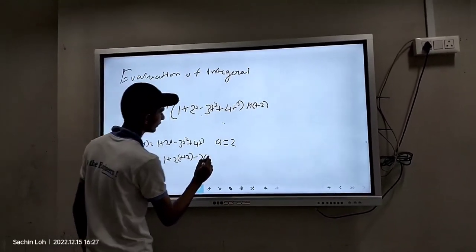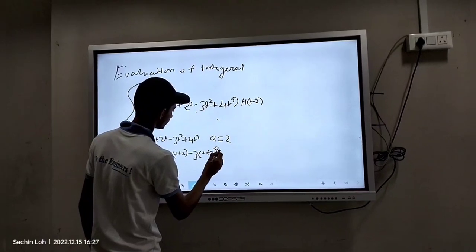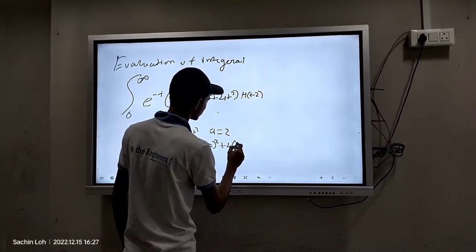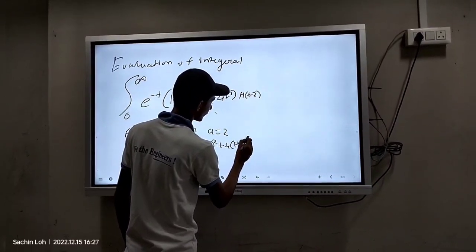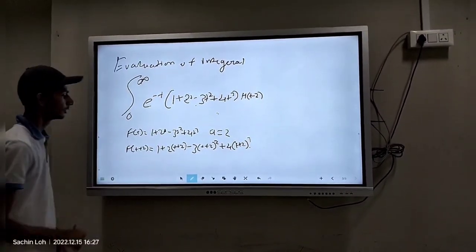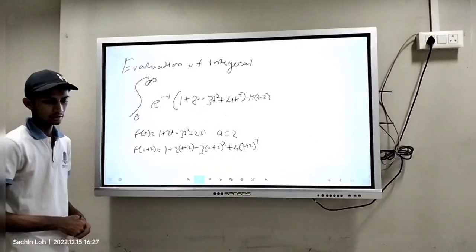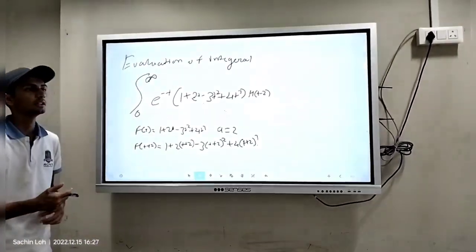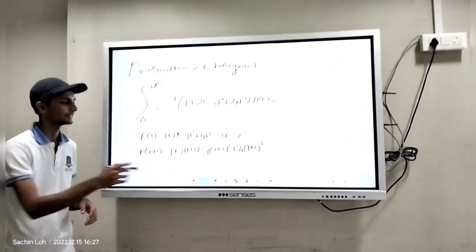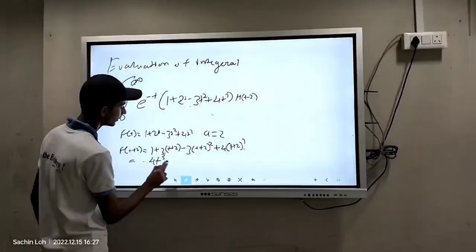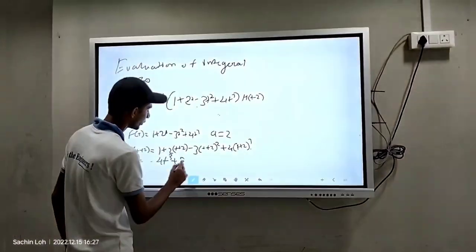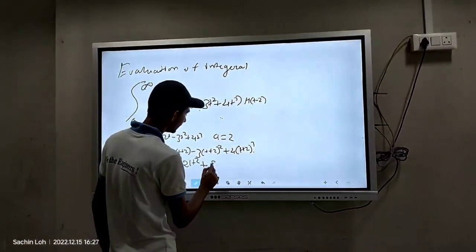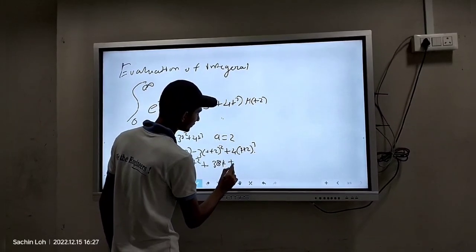After putting the value, we get the final result: 4t cube plus 21t square plus 38t plus 25.